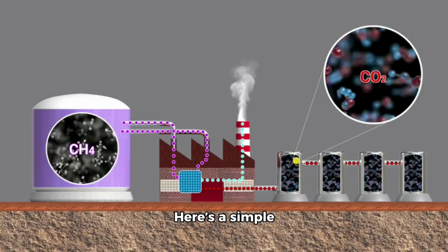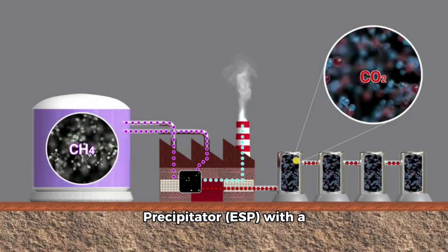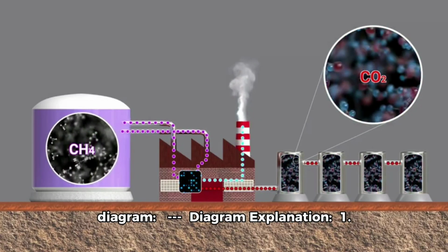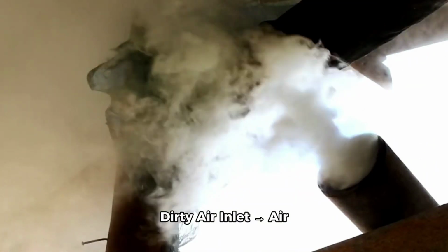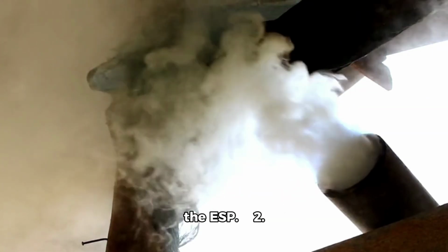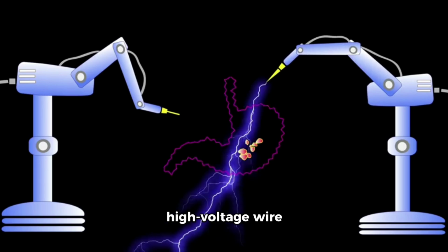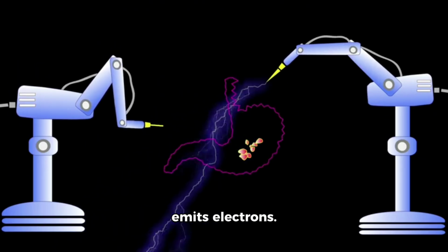Here's a simple explanation of an electrostatic precipitator (ESP) with a diagram. Diagram explanation. 1. Dirty air inlet. Air containing dust, smoke, and pollutants enters the ESP. 2. Charging section. A high-voltage wire, a negative electrode, emits electrons.